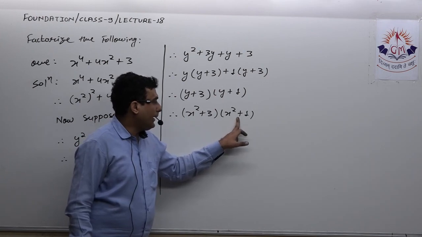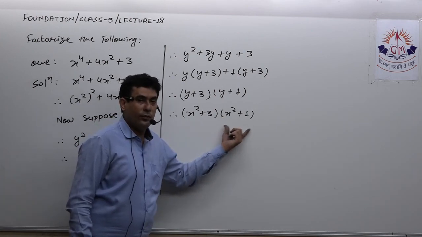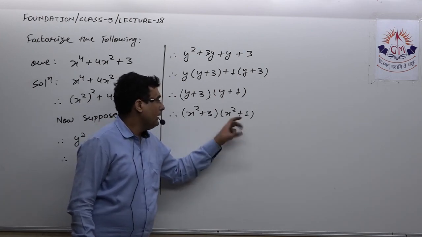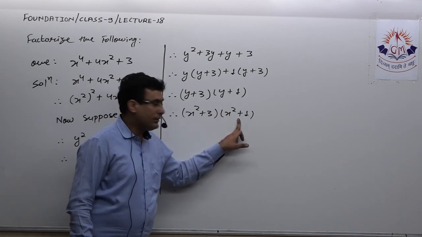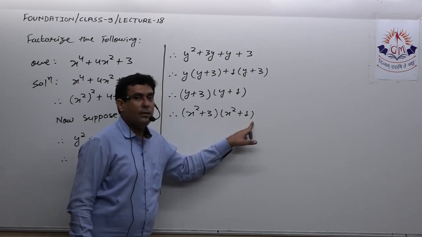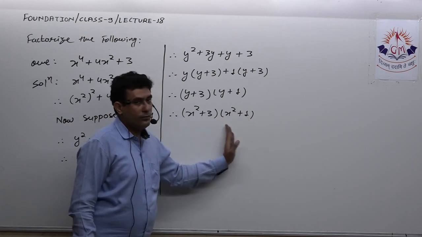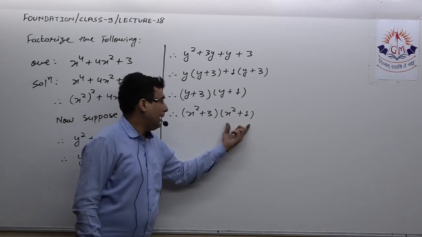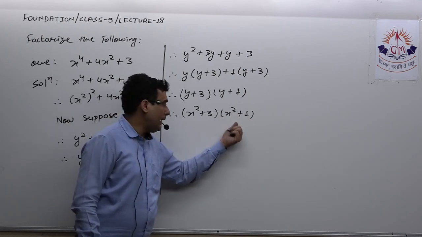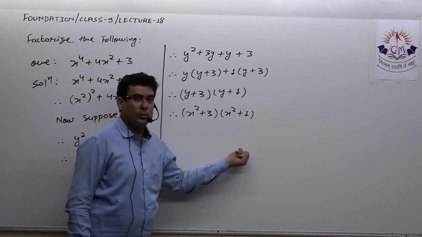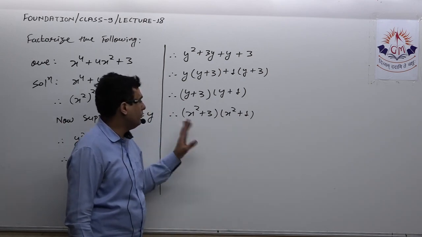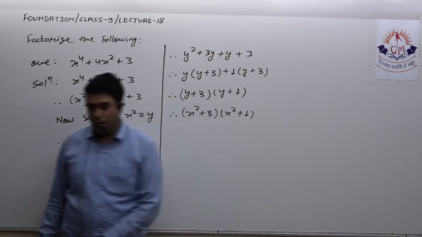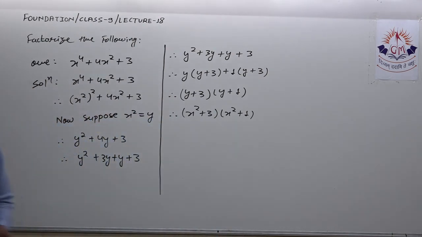Suppose it was a minus sign, then it was possible, because it would become x square minus 1 square, and further factors x plus 1, x minus 1. But as there is a plus sign, it is not possible to factorize further. So this is my final answer. Please note it down.